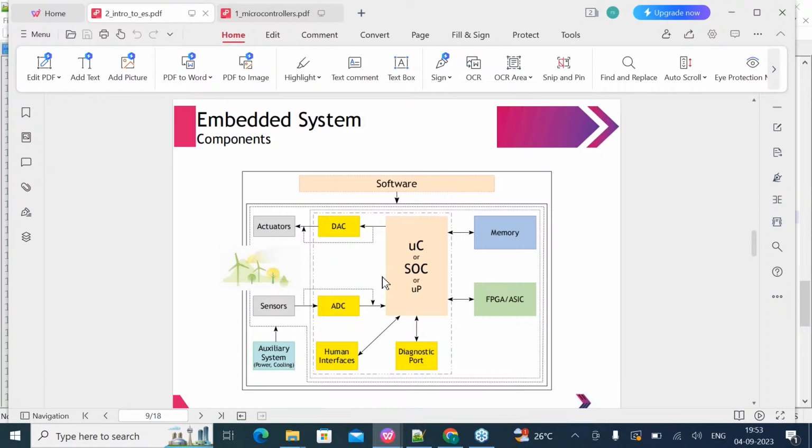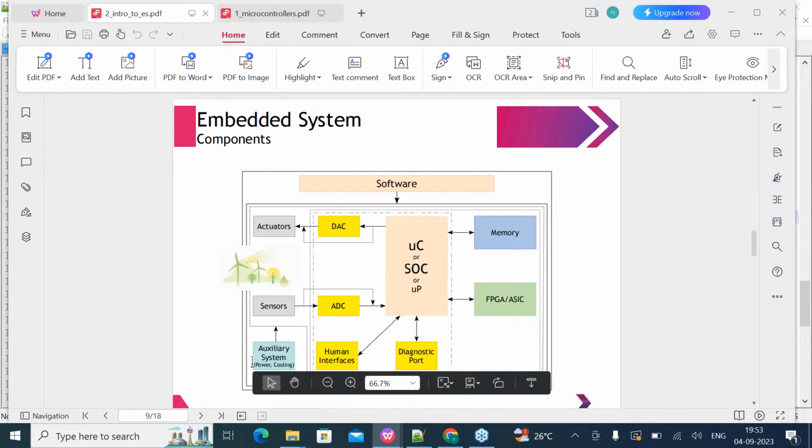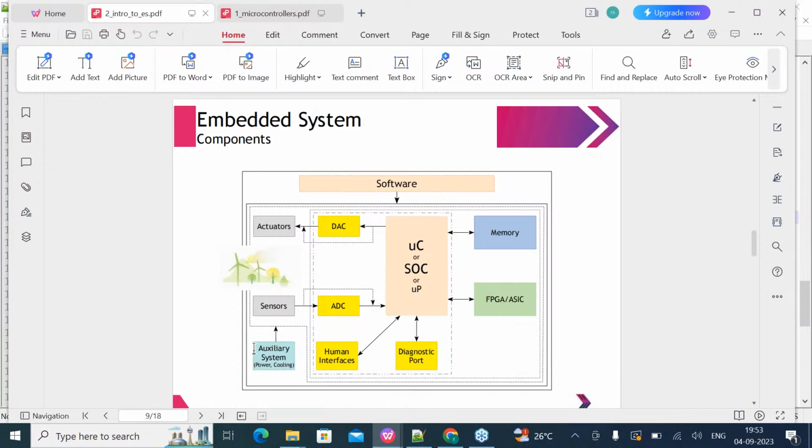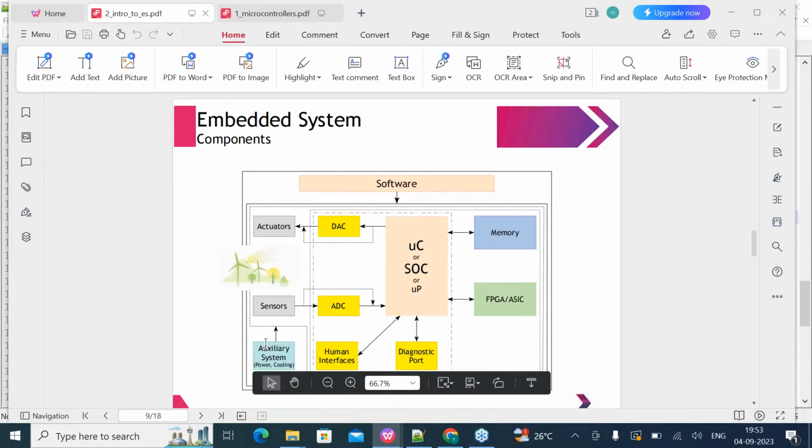No, they are having different. If you are working on 10 volts, 5 volts, 2 volts, right? So guys, you have to design a power supply such a way that all the systems are working fine without any issue. Understood?